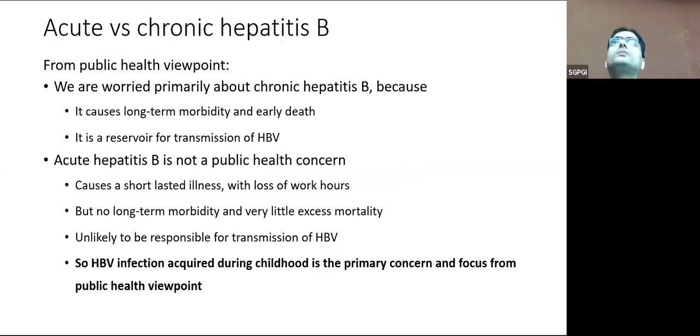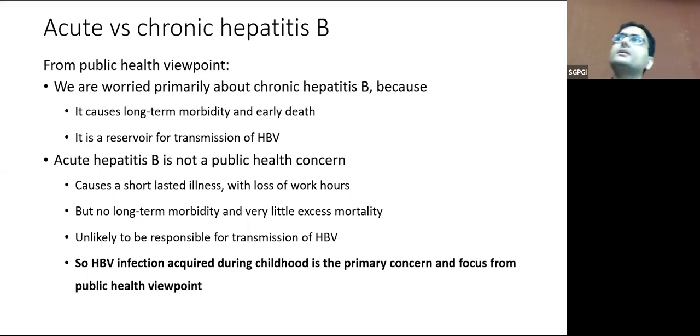So one important point is that we are more worried about chronic hepatitis B rather than acute hepatitis B from the public health point of view. Although we are worried about acute hepatitis B also as a clinician or physician, because we want to see that the patient is not progressing to acute liver failure, from the public health point of view, chronic hepatitis B is more important. Why is it more important?